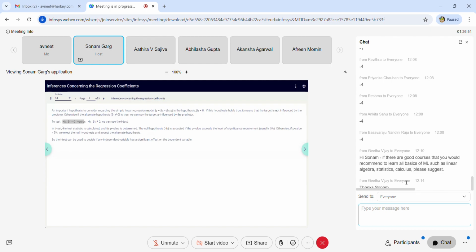Then we cannot reject the null hypothesis. Otherwise, if not even 5% of the data supports your argument that they are independent, then we have to reject it and say they are dependent on each other.